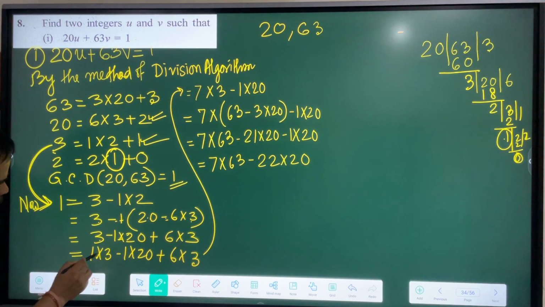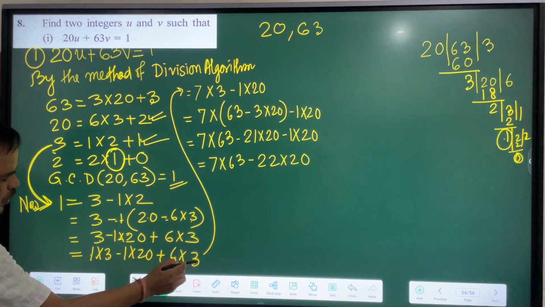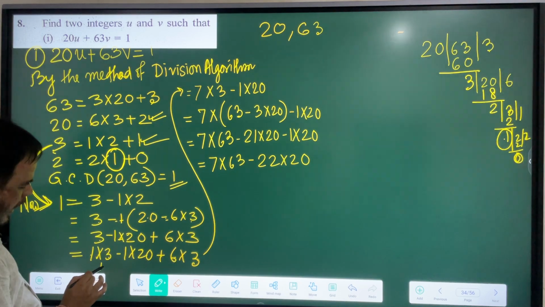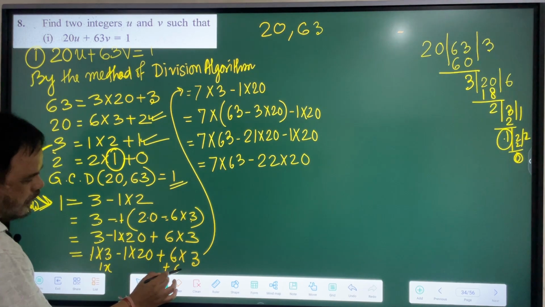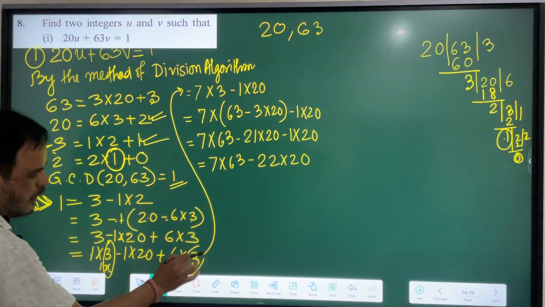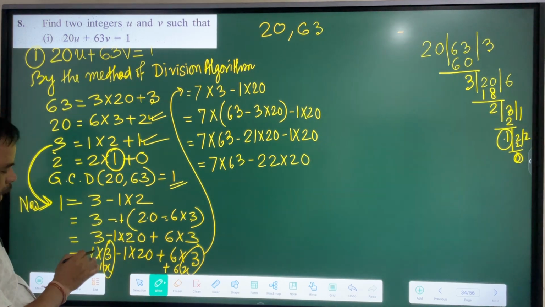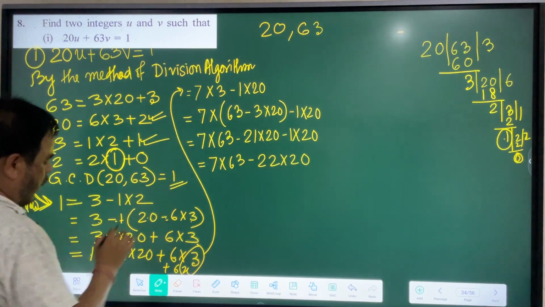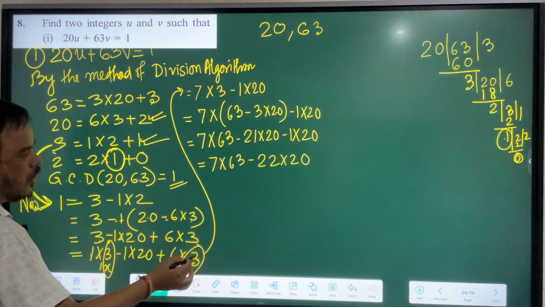Look here, 1 into 3 plus 6 into 3 will be 7 into 3. Why? It is like 1x plus 6x, where 3 is x. So 1x plus 6x is 7x, that is 7 into 3.